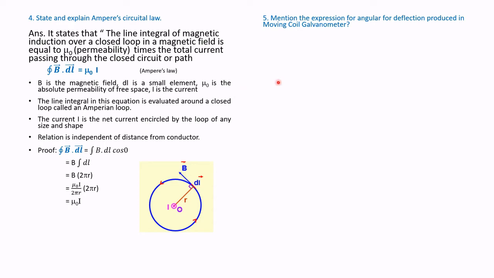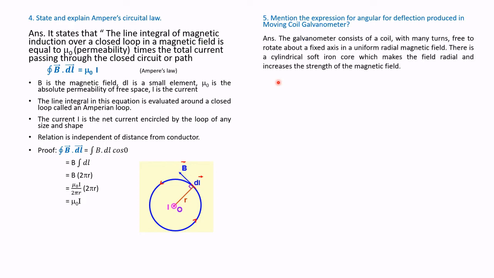Question number 5. Mention the expression for angular deflection produced in a moving coil galvanometer. Answer. The galvanometer consists of a coil with many turns free to rotate about a fixed axis in a uniform radial magnetic field.